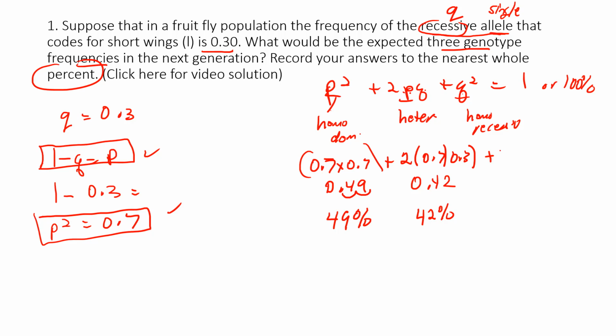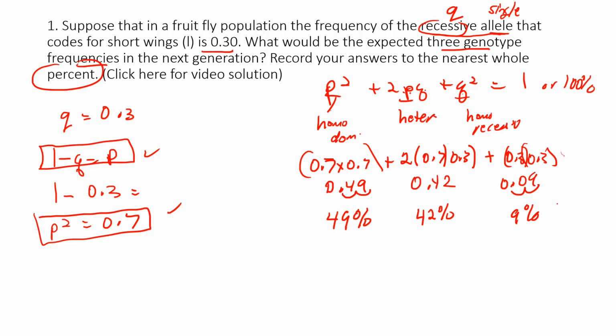Once we know that, the steps are fairly similar. This one is 0.3 times 0.3. That squared means multiply it by itself, and we get 0.09. Multiply that by 100 and we get 9%.